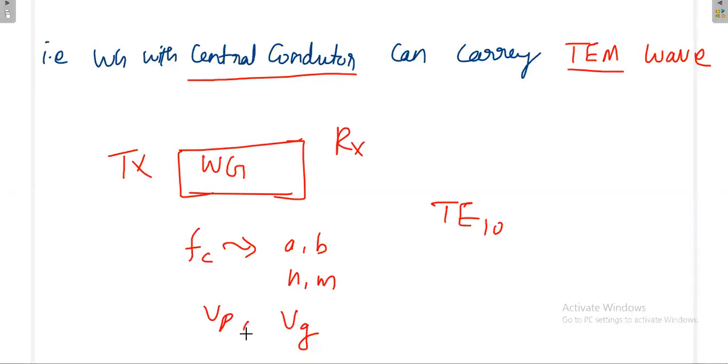But your question is, at what point of time we are using TE mode, at what point of time we are using TM mode, is there any way to control or know whether we are operating in TE mode or TM mode? That's I think your question, but I don't have an answer for this.